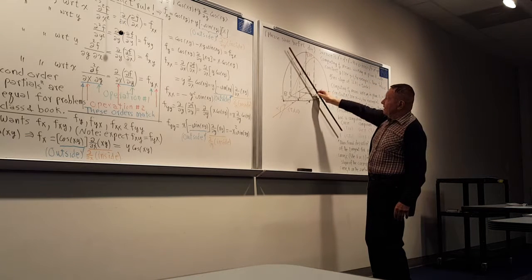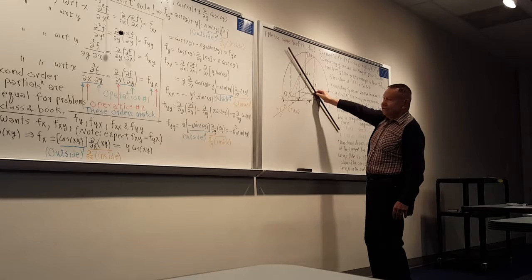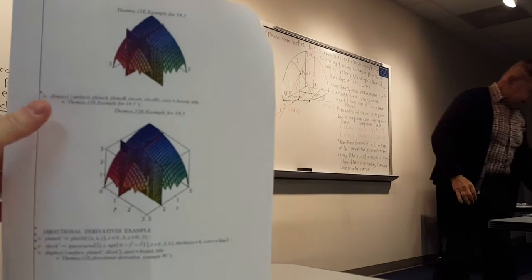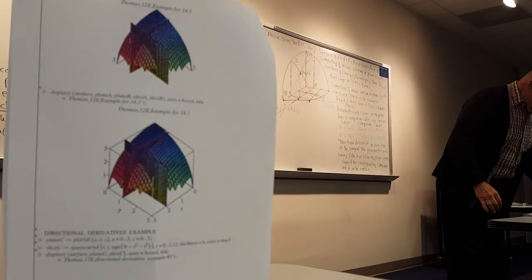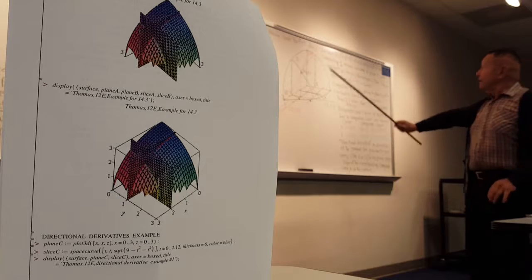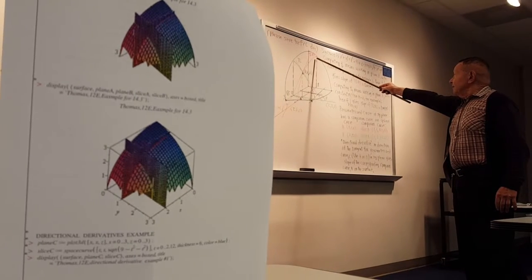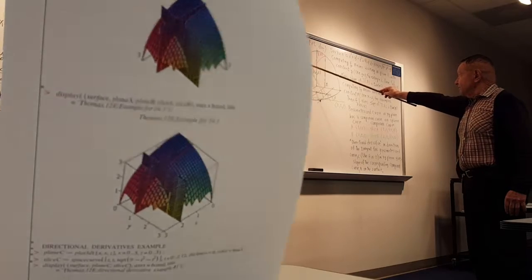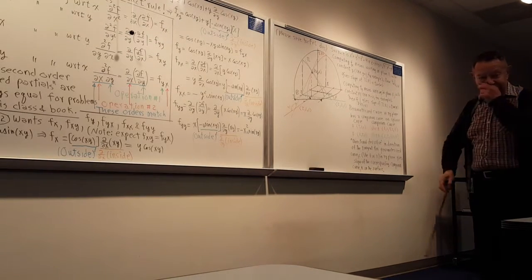And then there's a tangent line for it that's like this. And then I've defined slice A and slice B, which are these curves. Slice A is this curve and slice B is that curve.